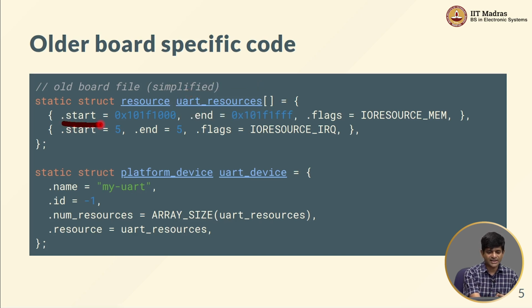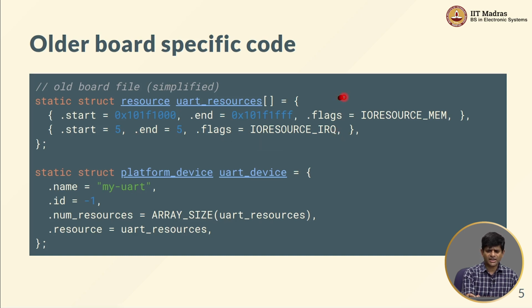For example, it says that there is something called start and it gives a hexadecimal number out here. It gives end and another hexadecimal number. It also uses some kind of flags which basically seems to indicate that this requires an access to IO and is also memory mapped, right. It also has another block of data out here which says, for example, start is 5, end is 5, and that this is the IRQ, right.